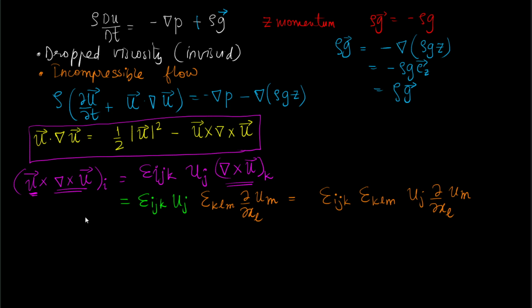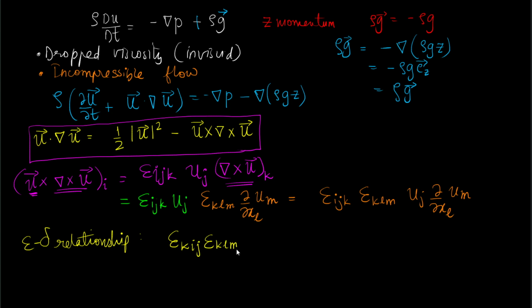Now we can make use of the epsilon delta relationship, which says, so let us cycle the index over here. So this becomes epsilon kij, epsilon klm.